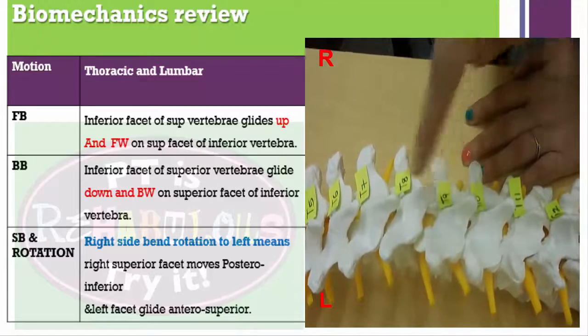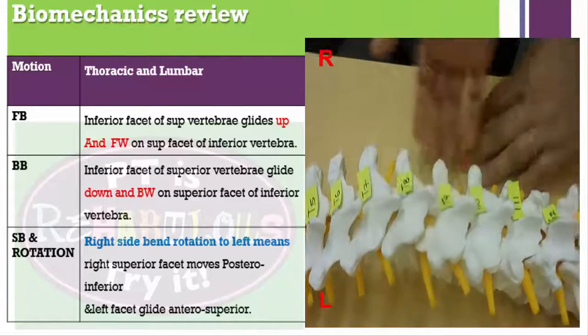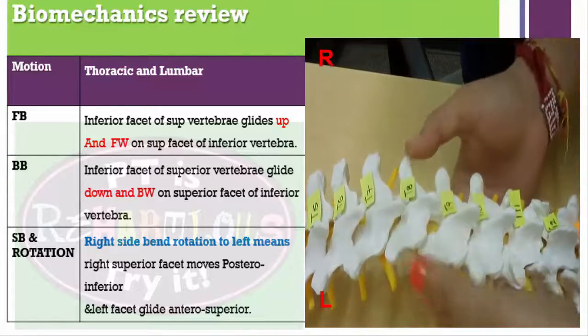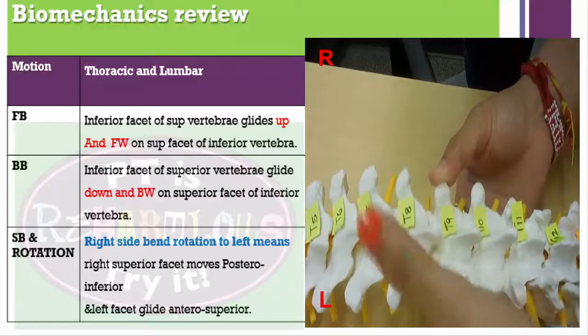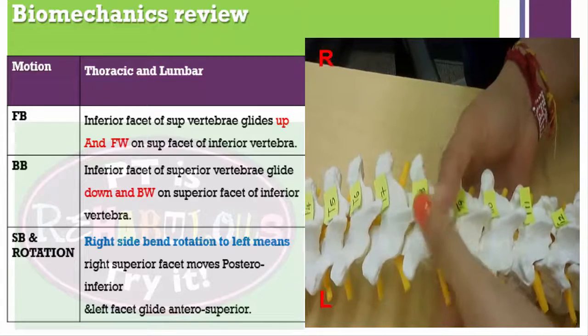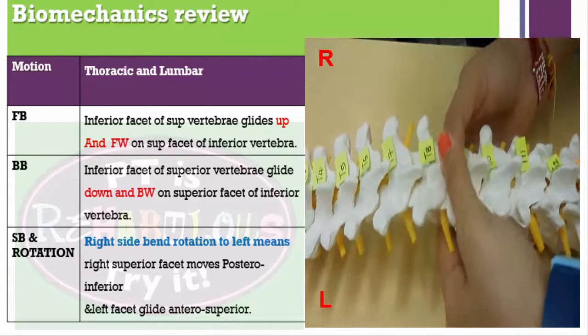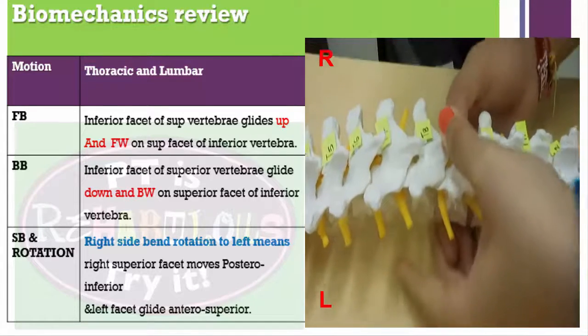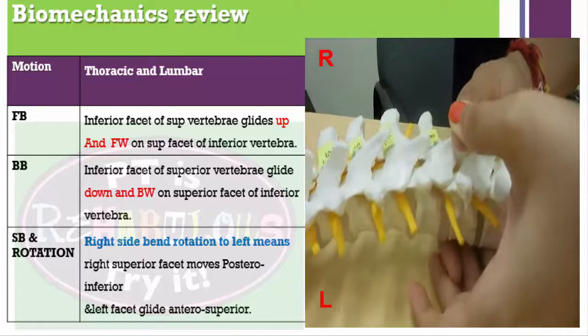Clear so far. Now let's take T8 and T9 for backward bending or extension. If I do the same way like this, your facet is closed.